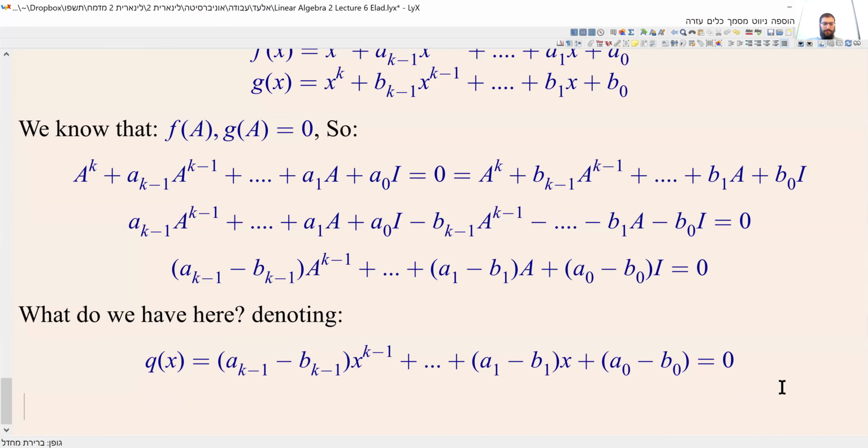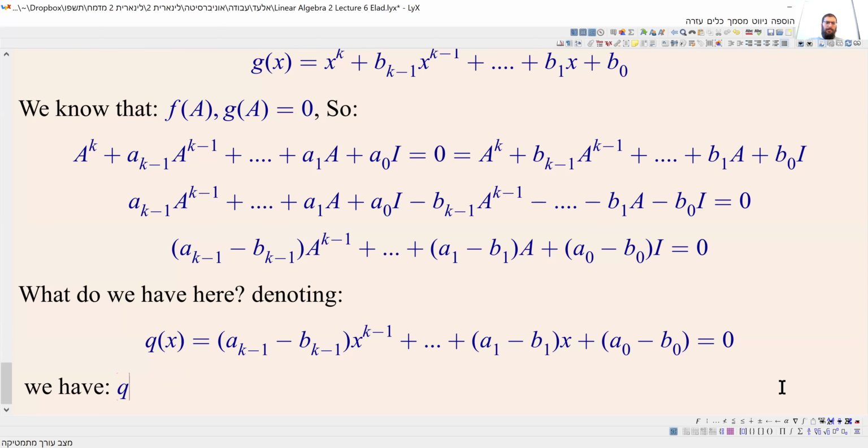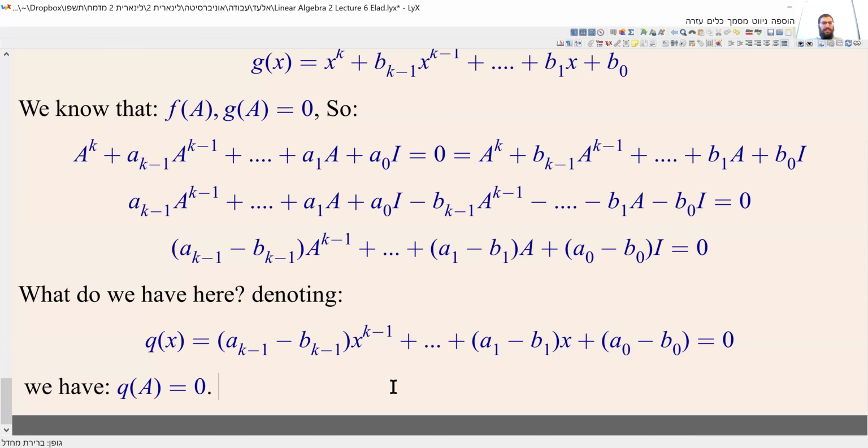And we know that Q(A) is 0, right? We plug A into this polynomial, and we get 0. Now, what is the degree of Q? If it is x^{k-1} or any other degree, if any one of the coefficients is non-zero, Q has a degree larger than 0. Let's write it down.